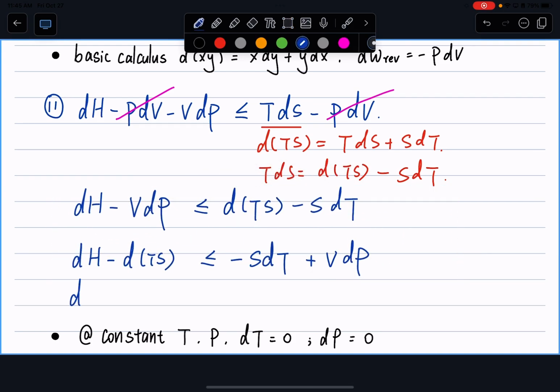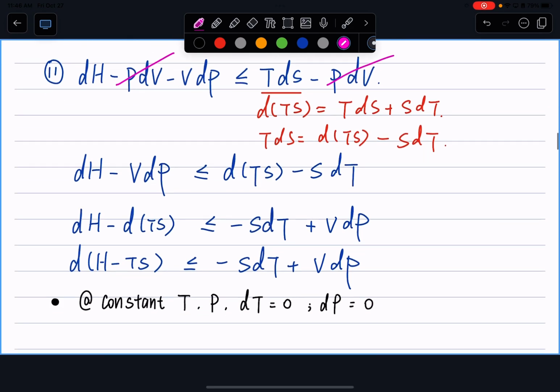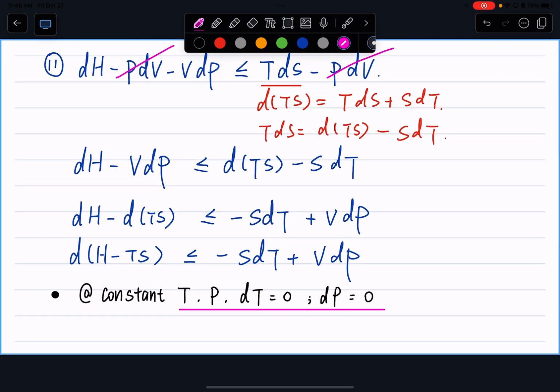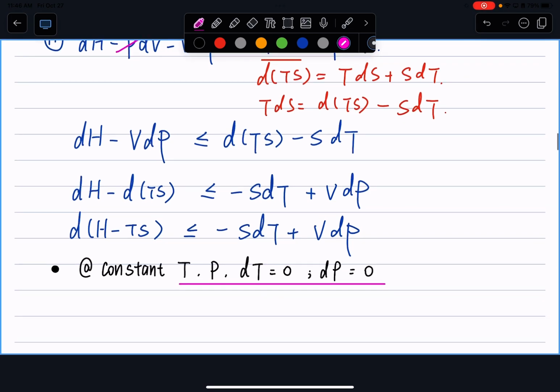Likewise, we can write our d(H minus TS) smaller than or equal to negative SdT plus VdP. All right, and at equilibrium and also constant T and pressure, we have our dT and dP equal to 0. So we end up having the d(H minus TS) always smaller than or equal to 0.